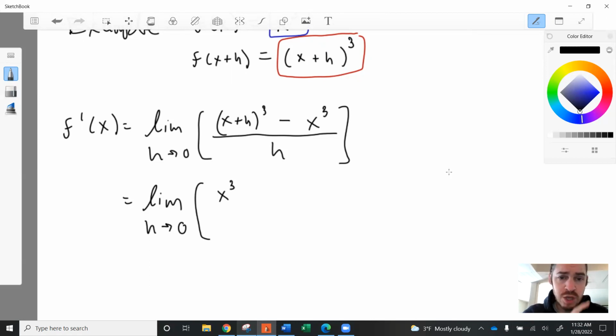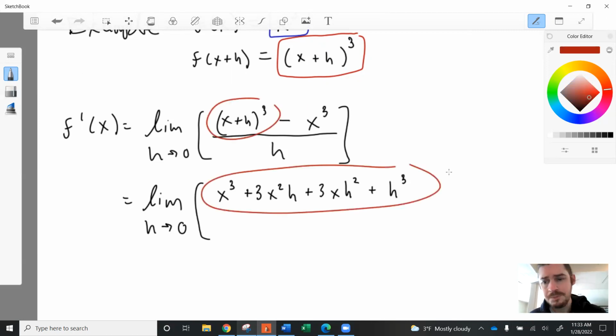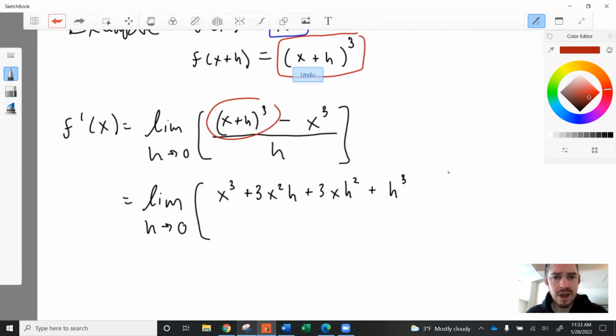So x plus h, if you cube it, you get x cubed plus 3x squared times h plus 3x times h squared, and then plus h cubed. All of that is equivalent to what was in red originally. Now I'll take that and subtract from that the part that was in blue. I've still got to subtract x cubed.